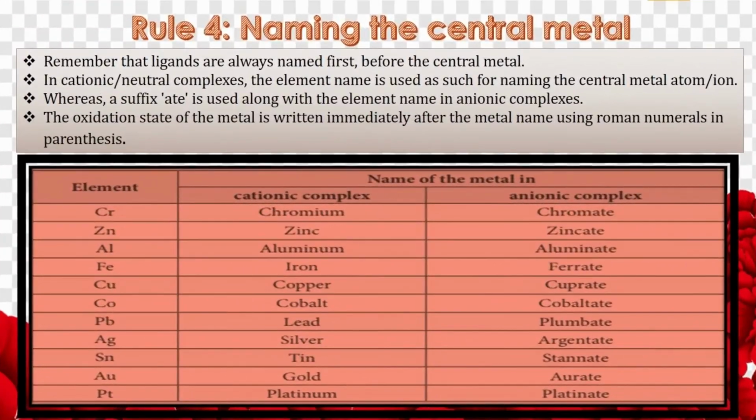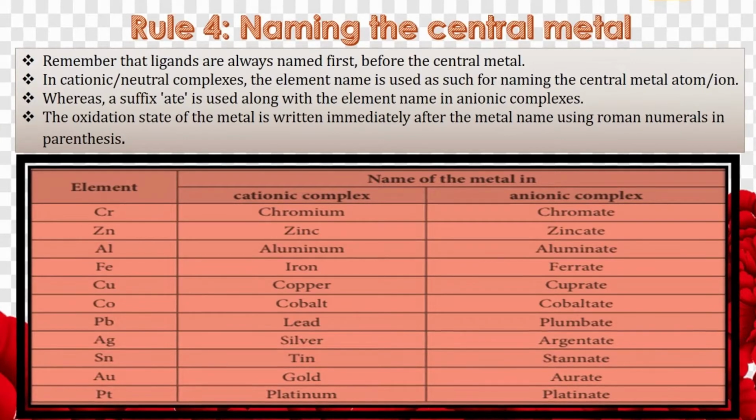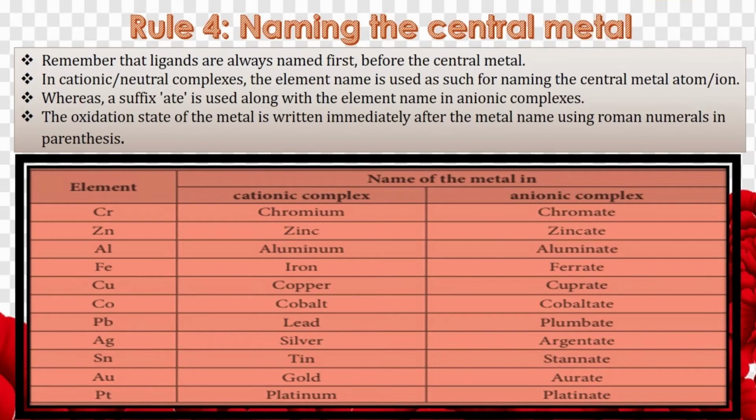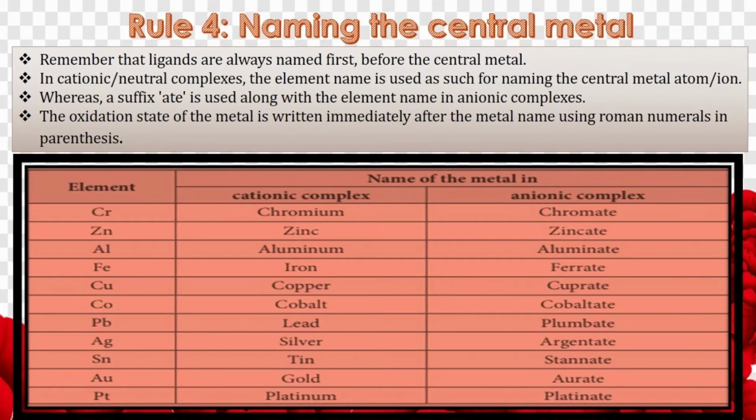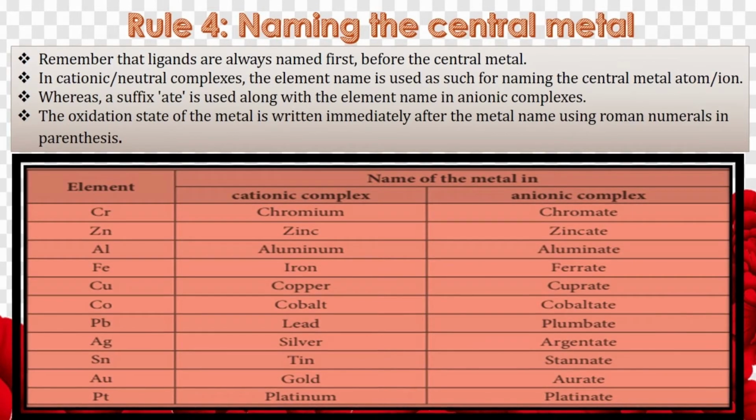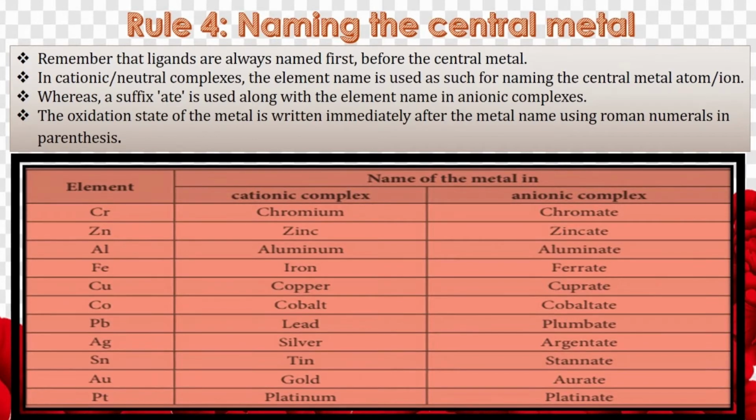The fourth rule to be followed while naming the coordination compound is naming the central metal atom. After naming the ligands, we name the central metal atom. In the case of cationic and neutral complexes, the central metal atom or ion will be named by its elemental name.